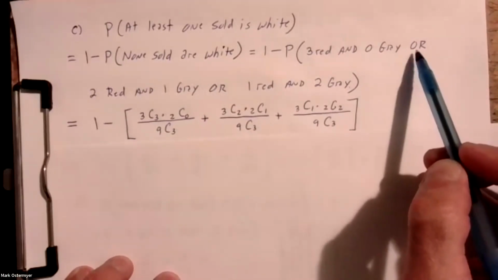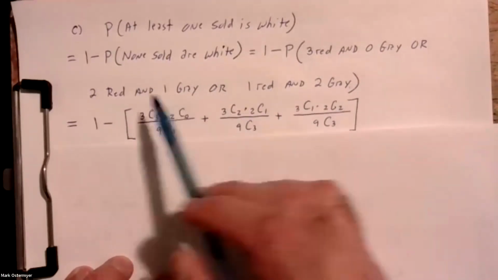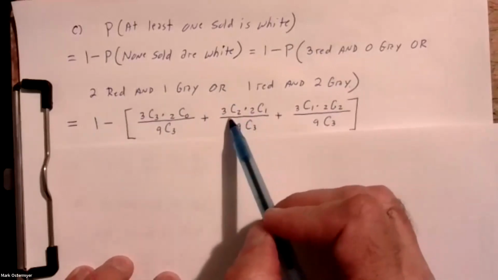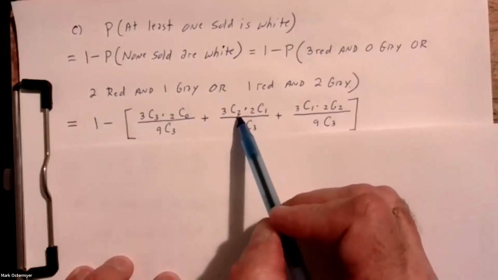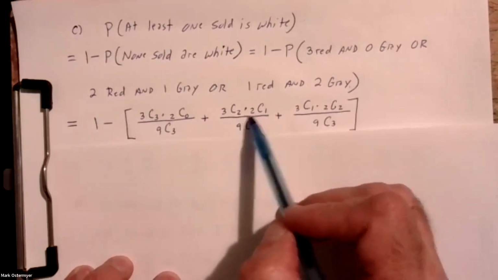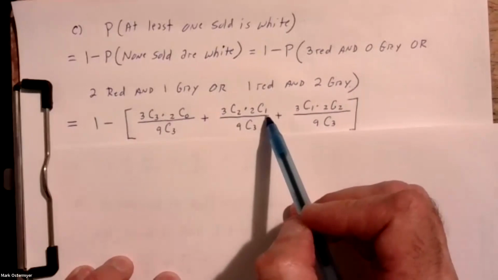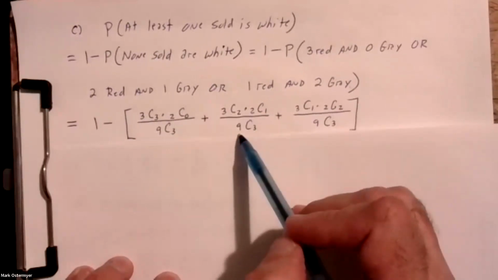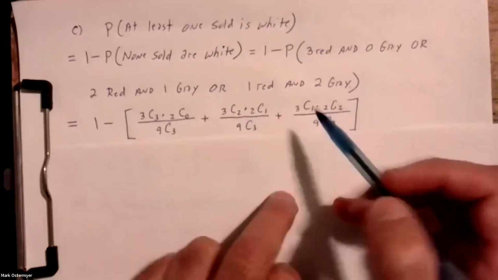Or means addition. So plus, what's the probability of selling 2 red and 1 gray automobile? The number of ways of selling 2 red automobiles from the 3 we have available is 3 in combination with 2, times the number of ways of selling 1 gray automobile from the 2 we have available is 2 in combination with 1, divided by 9 in combination with 3.